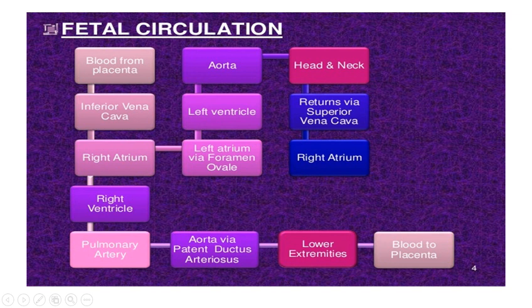And from the right atrium through the foramen ovale, the oxygenated blood goes into the left atrium, left ventricle, aorta, head and neck, and returns via the superior vena cava.